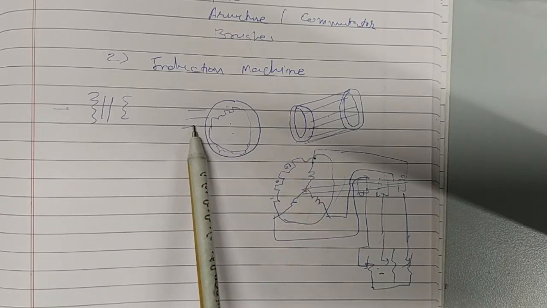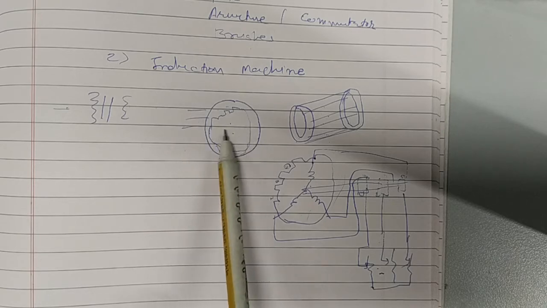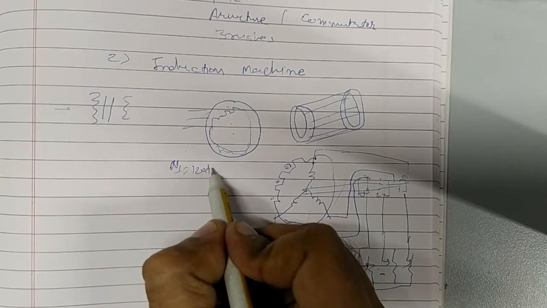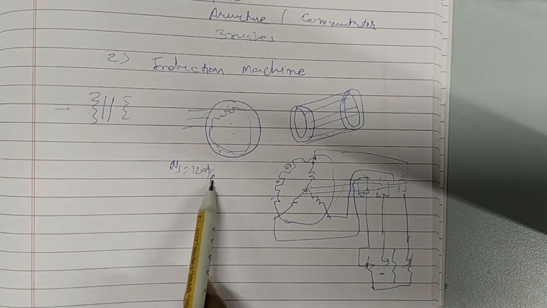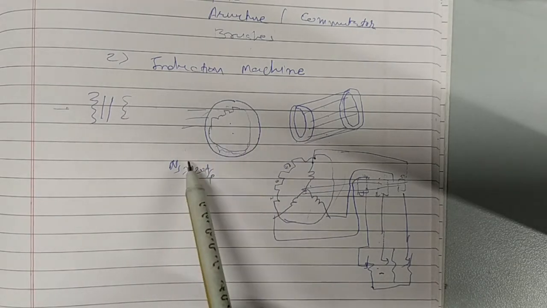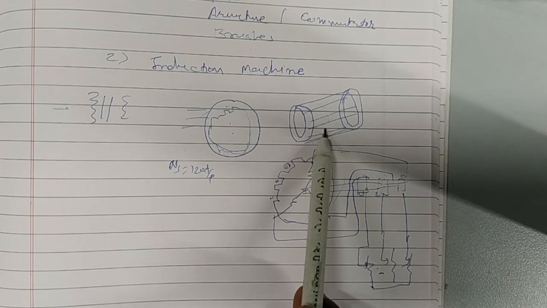But three-phase supply is given so that a rotating magnetic field is there, and this rotating magnetic field will rotate at a synchronous speed given by 120f/p, where f is the frequency and p is the number of poles. This rotating magnetic field will be cut by these rotor bars or rotor conductors.